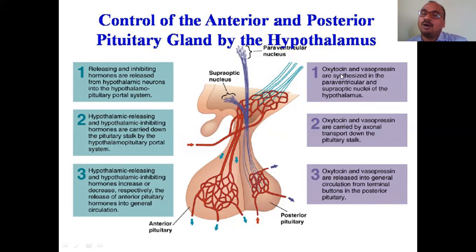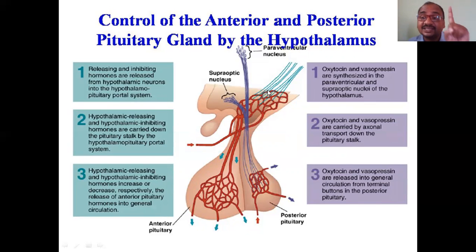Here you can see oxytocin and vasopressin. Vasopressin is nothing but ADH. That is also a very important point. Anti-diuretic hormone is also called vasopressin. So oxytocin and vasopressin are both synthesized here, in the paraventricular and supraoptic nucleus.